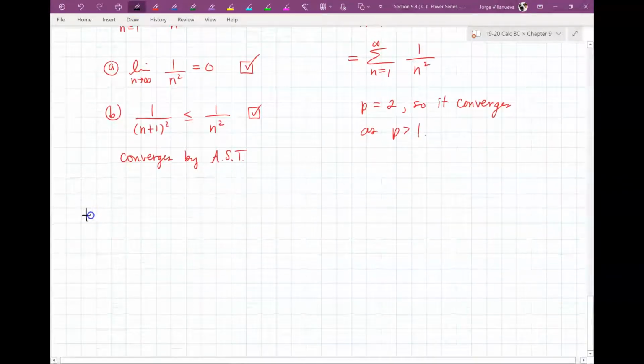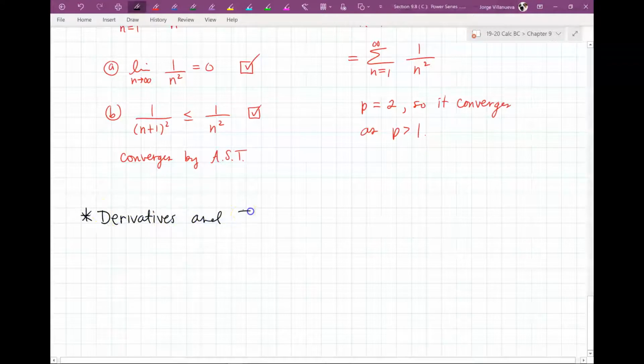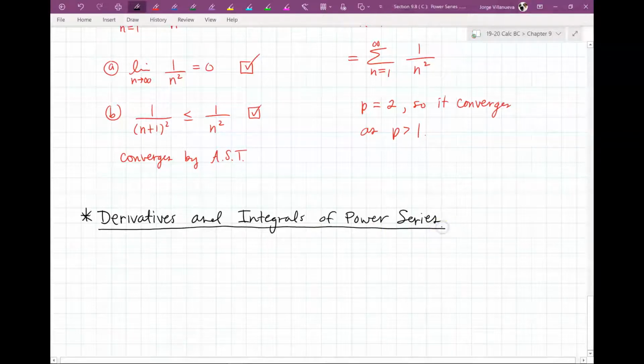I'll put right here derivatives and integrals of power series. The reason they're going to do that is because they want you to see that you can take derivatives and integrals and still test for what they want you to test.